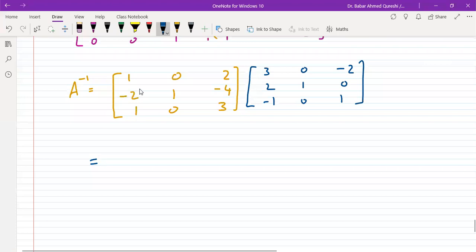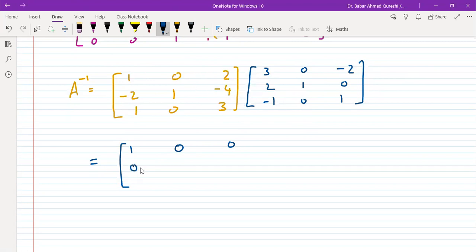So when I multiply with the dot product, I have 1 times 3, 0 times 2, 0, 2 times minus 1. So I have 3 minus 2, a 1. In the second place, I have this row dotted with this. So 0, 0, 0. The third, I have minus 2, plus 0, plus 2. Similarly, over here, I have 6 plus 2 minus 4.